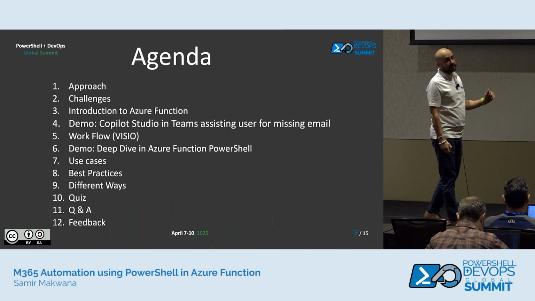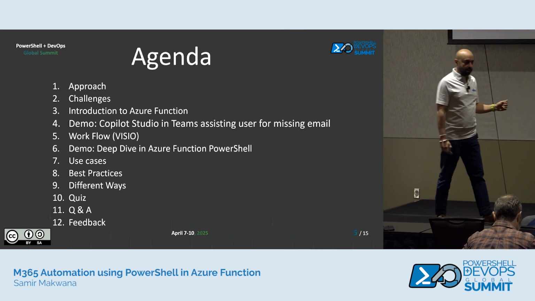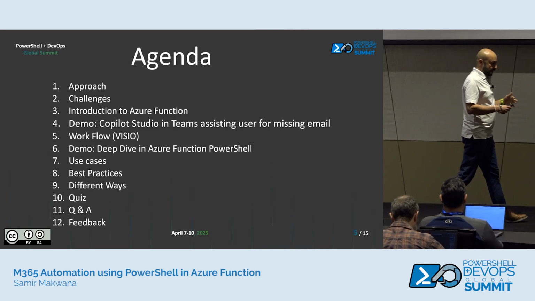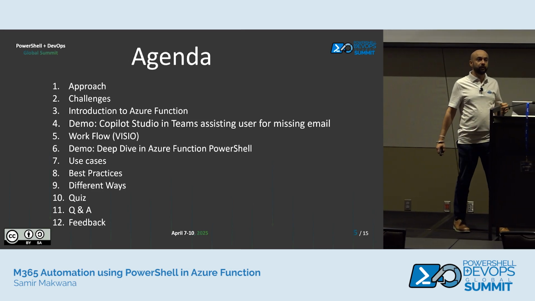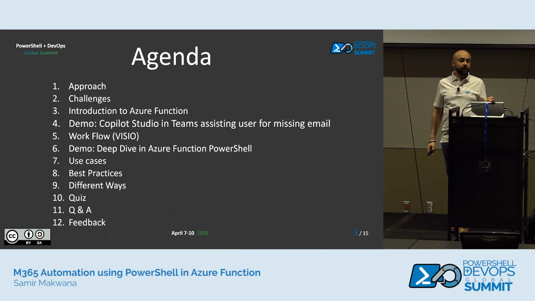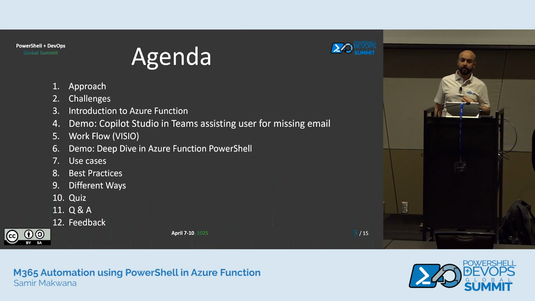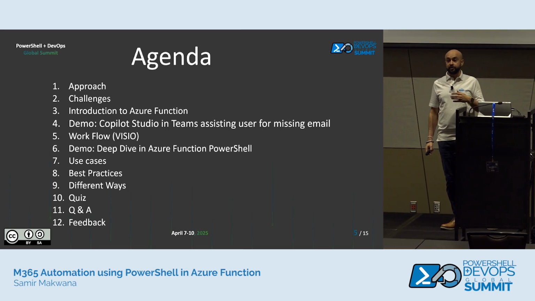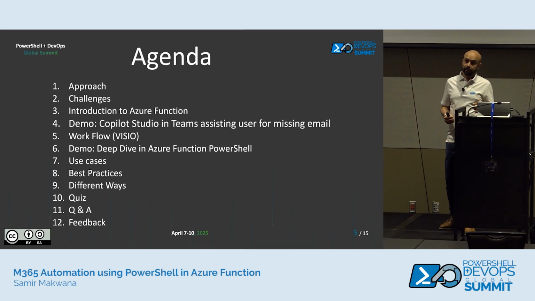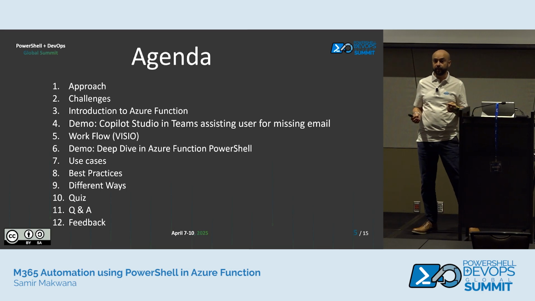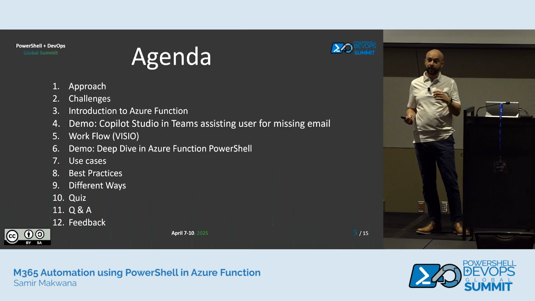The agenda for the day: I'm going to talk about how we'll approach this 90 minutes together. Then we'll jump into the challenges and the introduction of Azure Functions, and right after that the demo, where I'll show you Copilot Studio in Teams assisting a user with a missing email. Now you might think why I'm talking about Copilot Studio, but I will not.